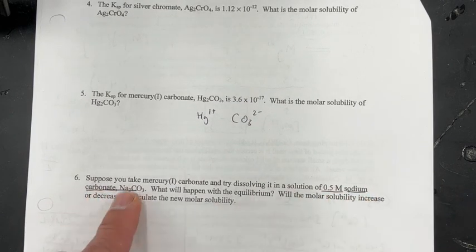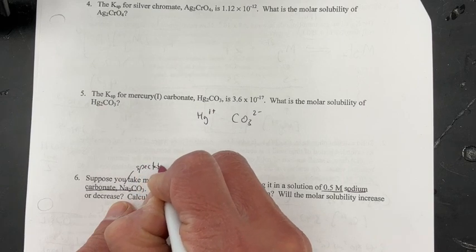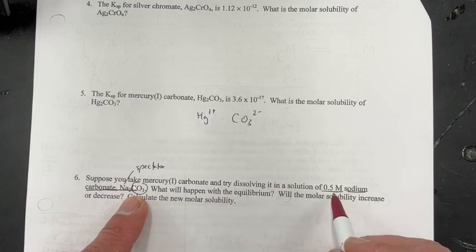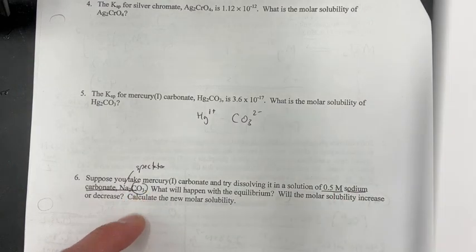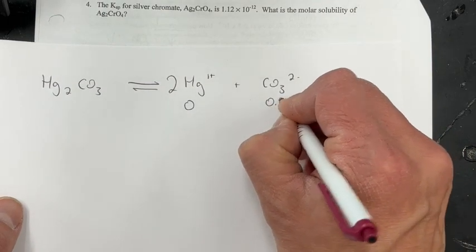Sodium, we know, is always a spectator. But carbonate is not a spectator. And if I have 0.5 molar sodium carbonate, this is no longer 0, but it's 0.5 molar.